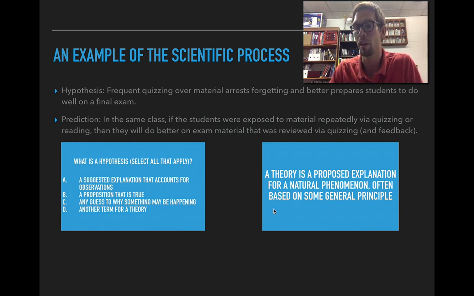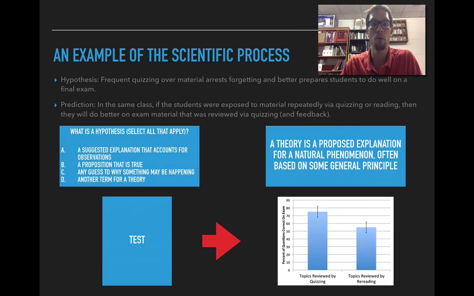You will be exposed to it again in class, but you won't actually be asked any questions about it. So you won't try to recall this from memory. You're just being exposed to it more. So with this, you would take a test with the material over hypotheses and then material over theories, and you may then see what percentage of the material reviewed by quizzing the students got correct.